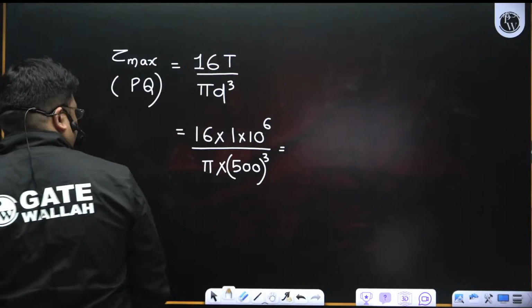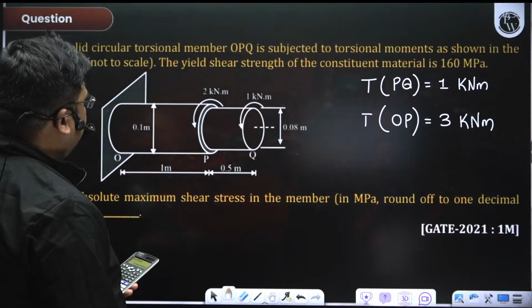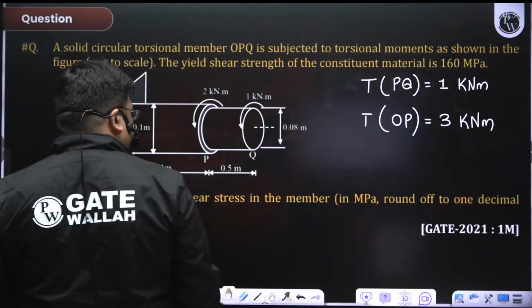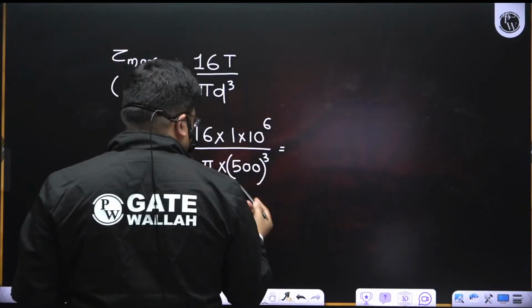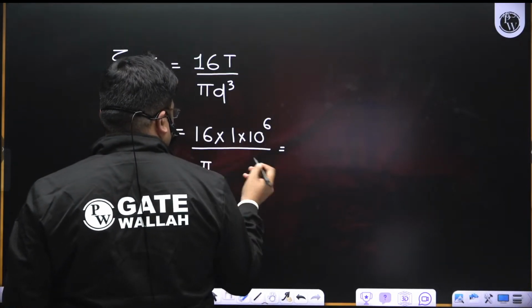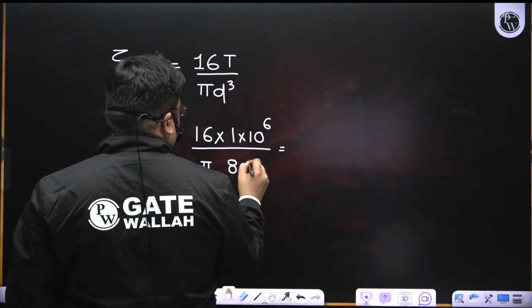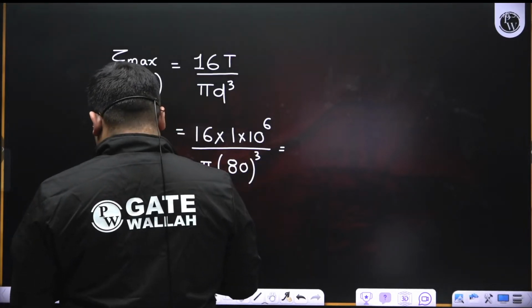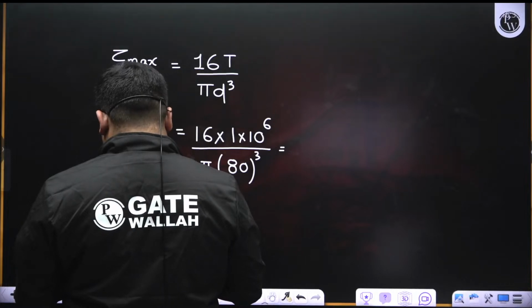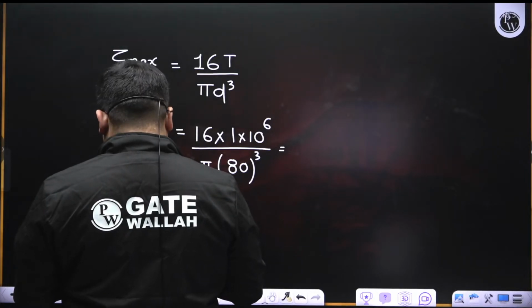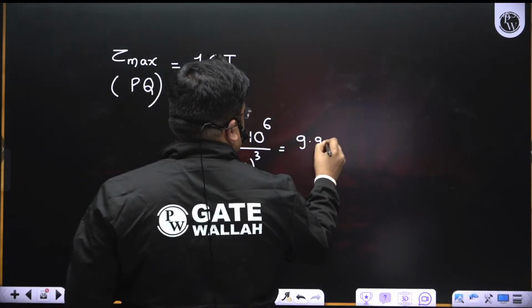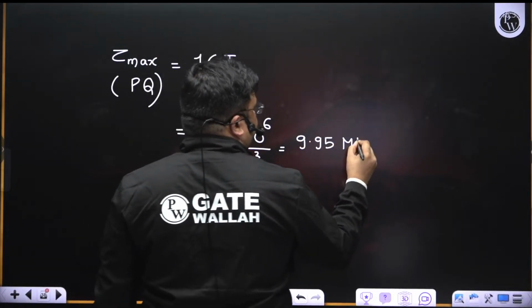Some mistake we have done. Oh, this is the length. The diameter is 0.08 meter, sorry. So 0.08 meter means 80 mm. The answer is .95 MPa.